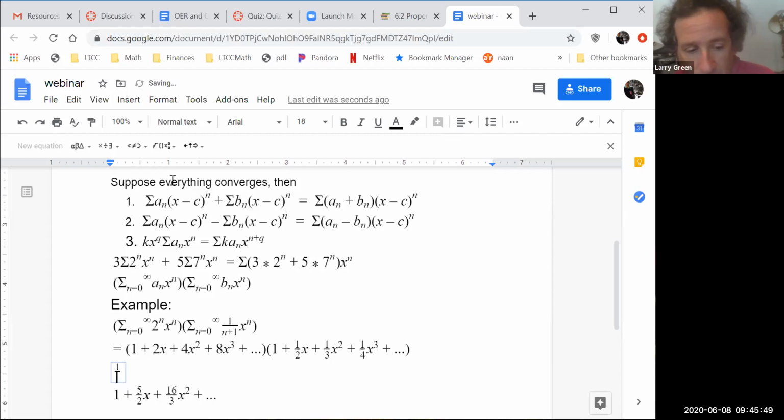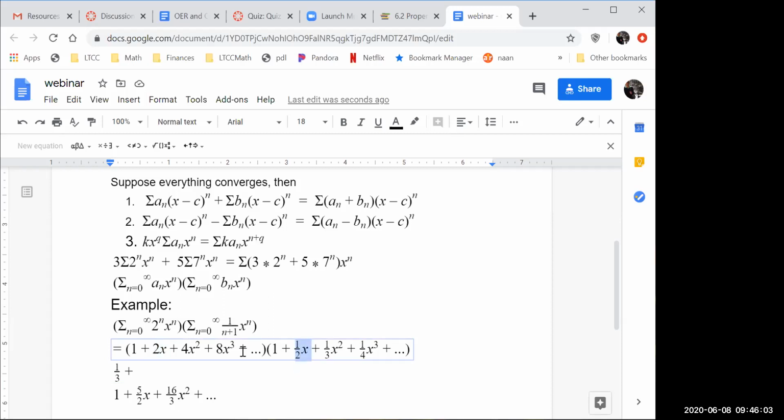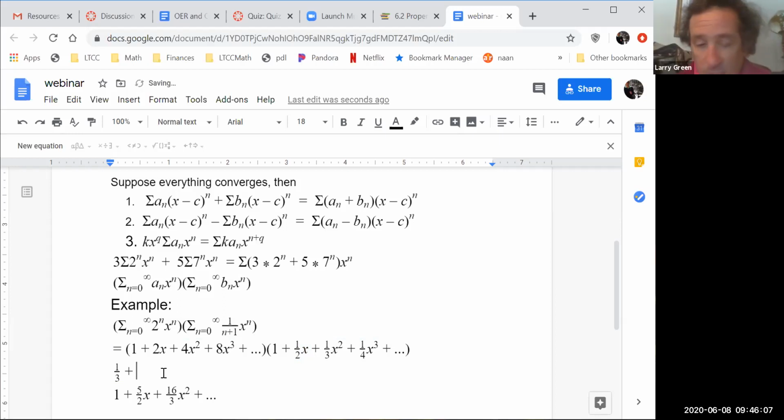So we have 1/3. I did it in my head, so I could have made a mistake, but I think I got it right. And now let's do the 2. Well, we're gonna have a 2x times a half x, which is x, or 1x, or 1. Right, because we're only looking at the coefficients.